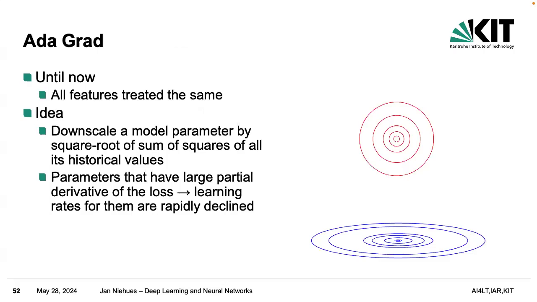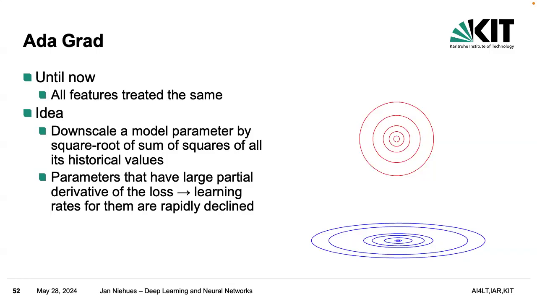Because until now, what we did is we treated somehow all features the same. There wasn't a difference between features you want to change faster and features you don't want to change as fast. And that is good when everything is somehow the same.